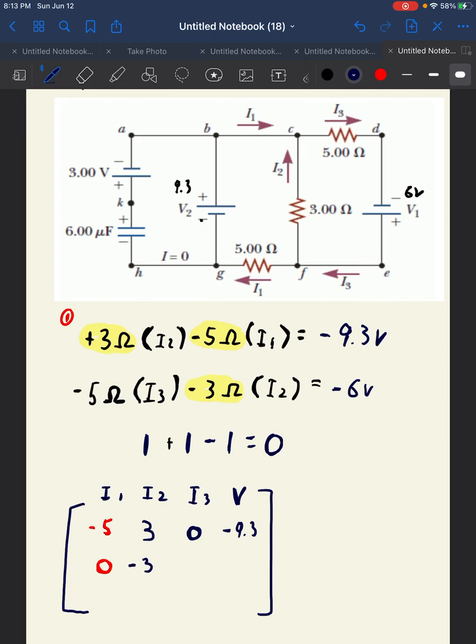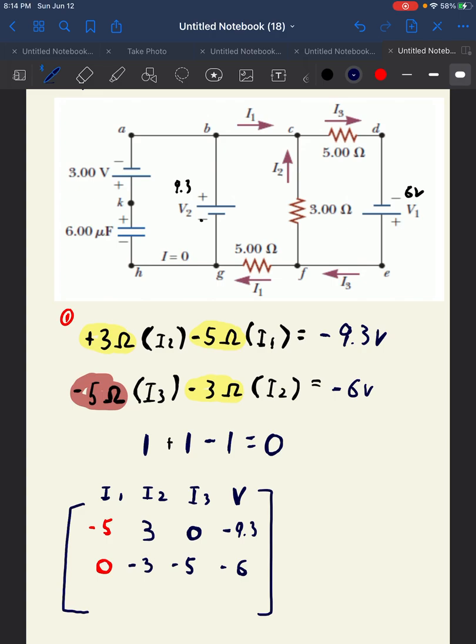I3, let's see if we have I3 on here. We look at the number in the front. That is negative 5. So then for I3, we would put negative 5. And then, of course, voltage, we have negative 6.